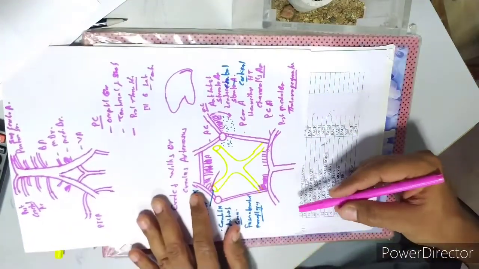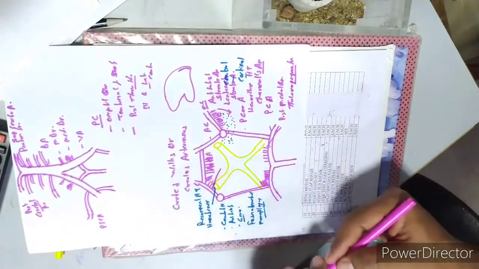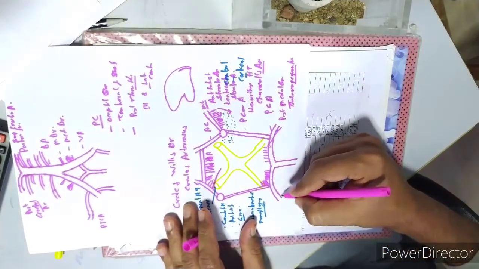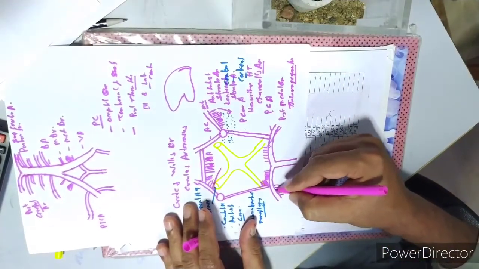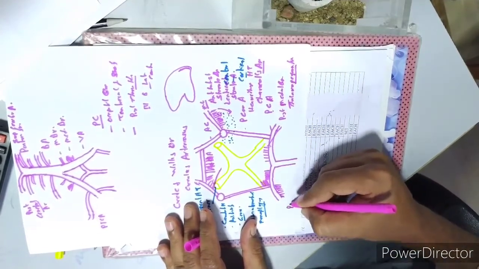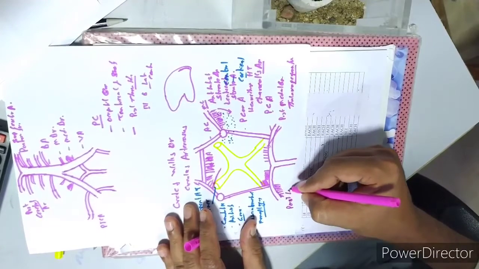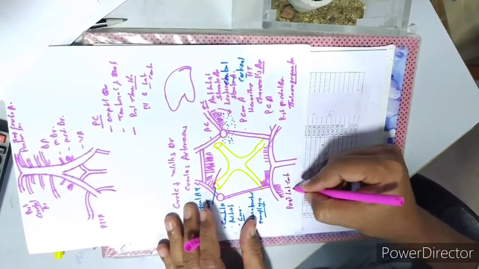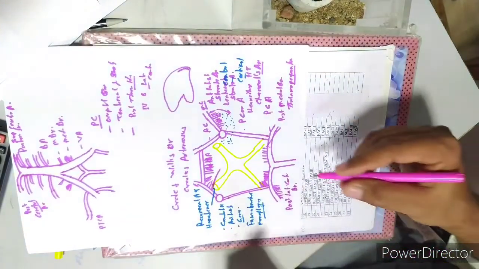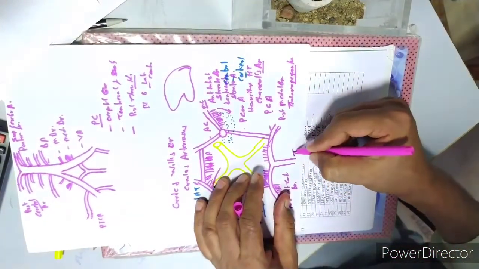Clear? Then the posterolateral group of central branches comes from the distal part of the posterior cerebral artery. They are also known as the thalamogeniculate arteries.